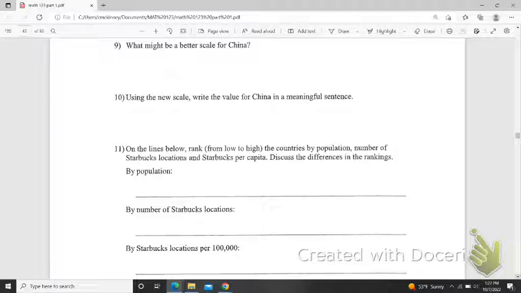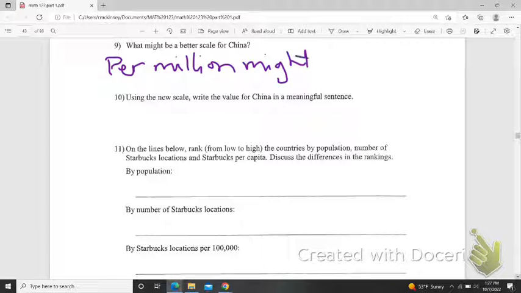So what might be a better scale for China, for example? So for China, we may want to say per million instead. So per million or per 10 million. Per million would be better for China.